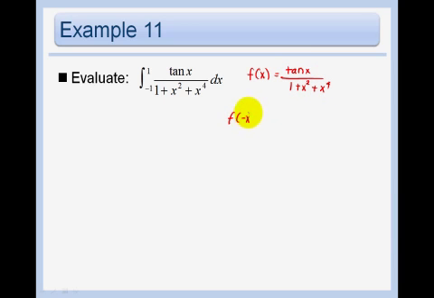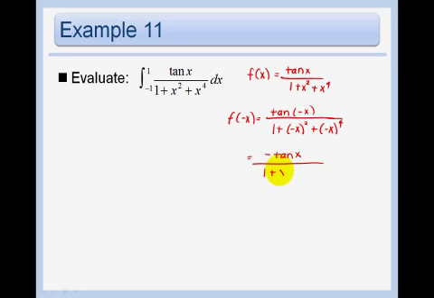F of -x equals tan of -x over 1 plus -x squared plus -x to the 4th. Hopefully you remember that the tangent function is odd. The tangent of -x is negative tan x. If you don't remember that, you should be able to think it through.